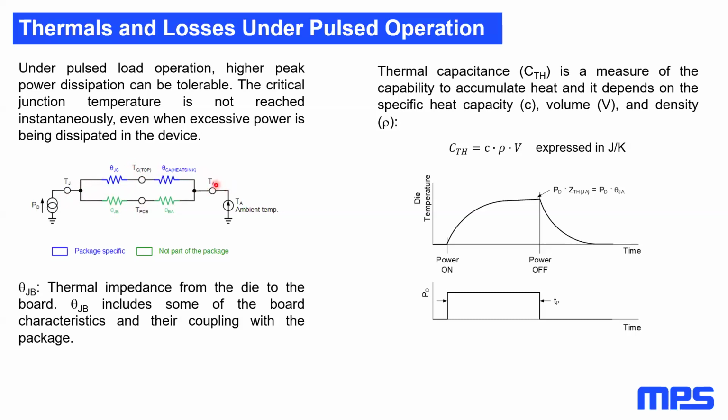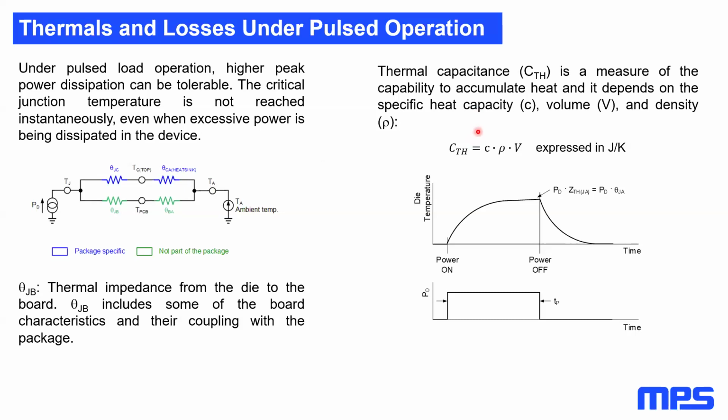Thermal capacitance reflects the amount of heat energy required to increase the die temperature by 1 degree. It is a function of the heat capacity of the material, denoted C, its density, ρ, and its volume, V. A larger package, a larger lead frame, a larger die all contribute to increasing the device thermal capacitance.